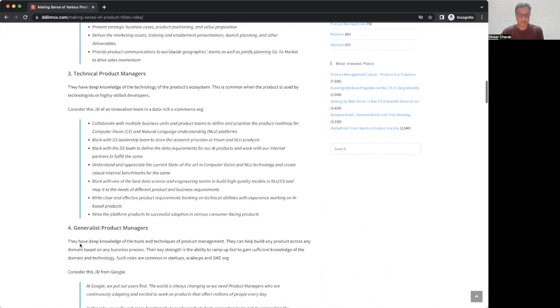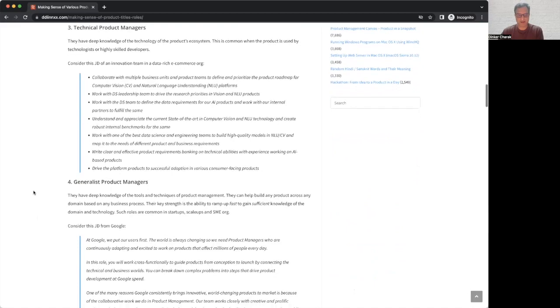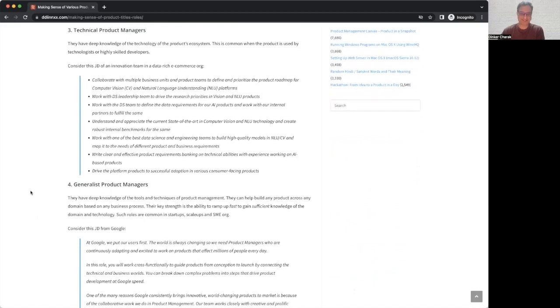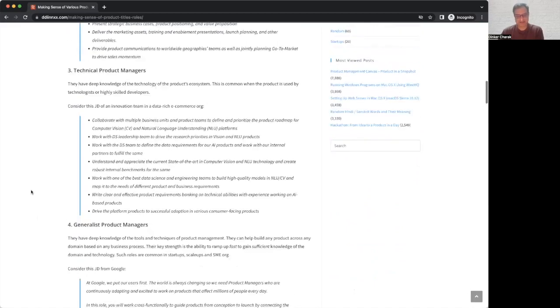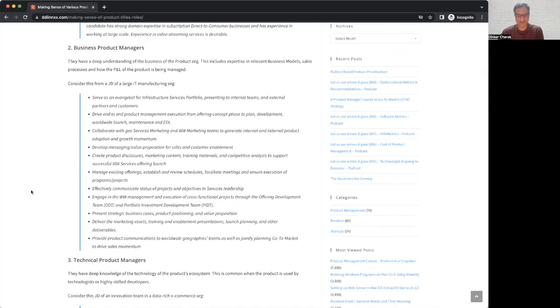The third one is the technical product manager. I believe I am a bit of this. Maybe I'm also a bit of the business product manager, because of the nature of the organization I work for, I do end up working with large enterprises, and the products are of that nature where I need to understand these aspects very well.